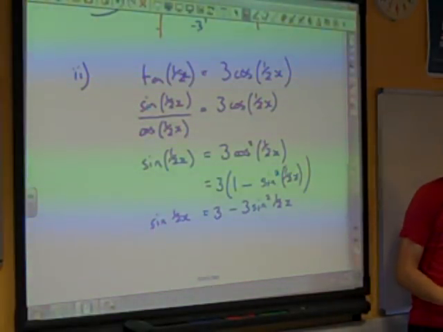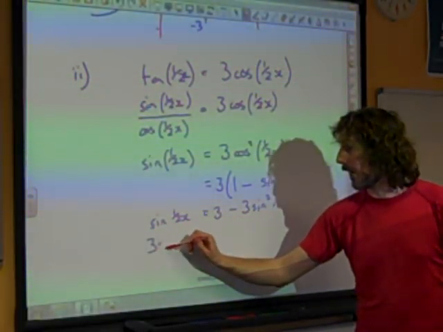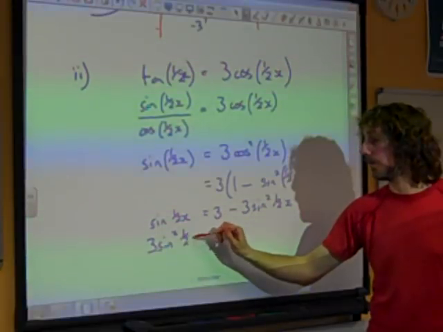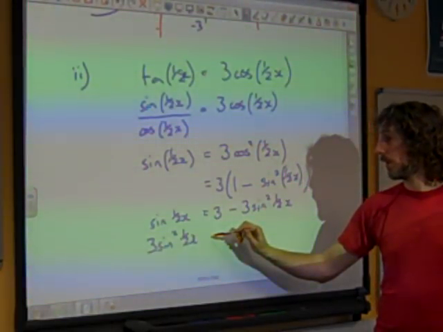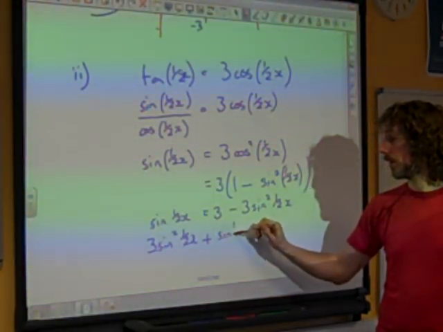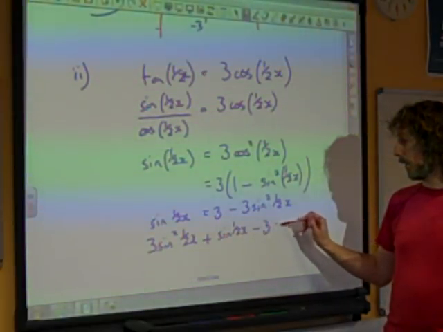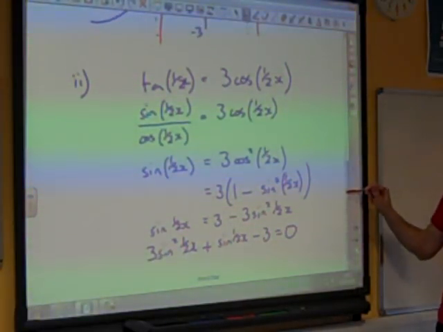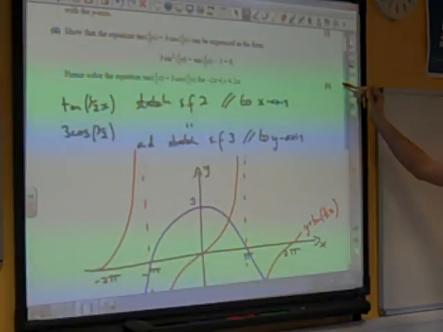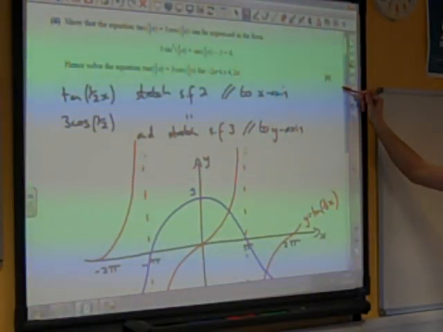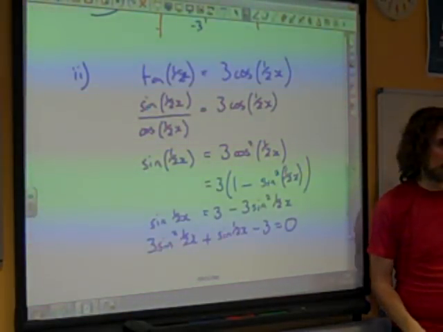And I'm hoping if we take everything to the left-hand side, that's what we're supposed to be aiming for. Is that where we're supposed to be getting to? It is, isn't it?